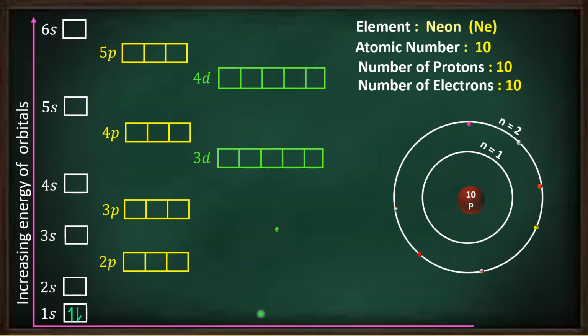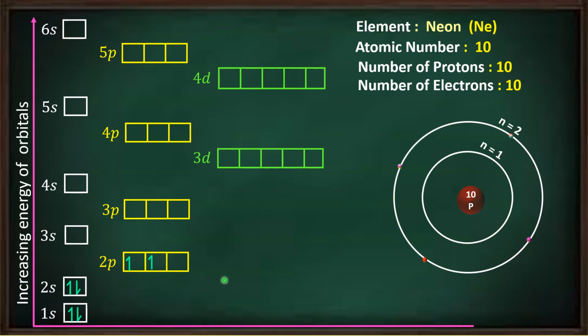Next, third electron enters into 2s, and the fourth electron pairs up with this electron, isn't it? So 2s orbital is completely filled. Then electrons enter into 2p orbitals. So the fifth electron enters into 2p, isn't it? Next, sixth electron enters into another empty orbital of 2p, isn't it?